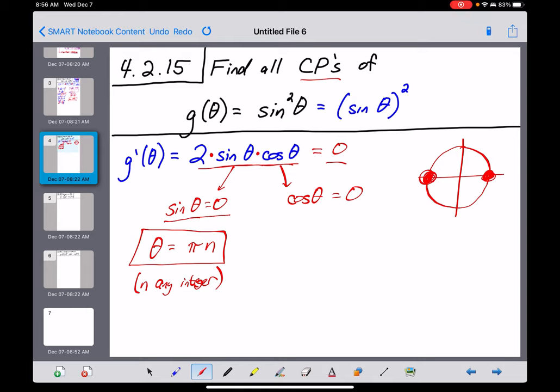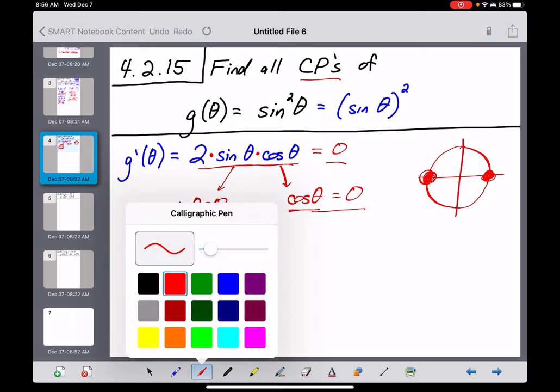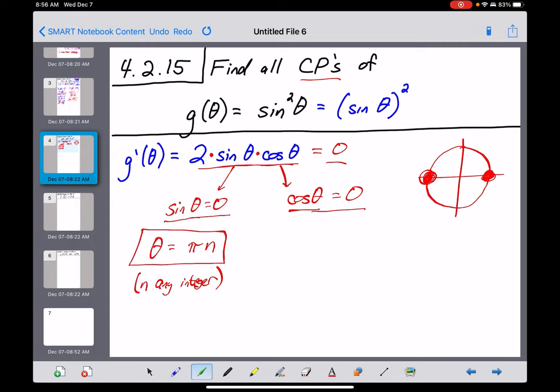And how about over here, guys? Where is cosine of theta equal to 0? Well, cosine, let me switch colors on you right here. We'll go green with this one. Cosine is our x value. Where on the unit circle is your x value 0? On the y-axis. Right here at pi over 2, 3 pi over 2, 5 pi over 2, 7 pi over 2, 9. Okay, you get it. So what happens right there?